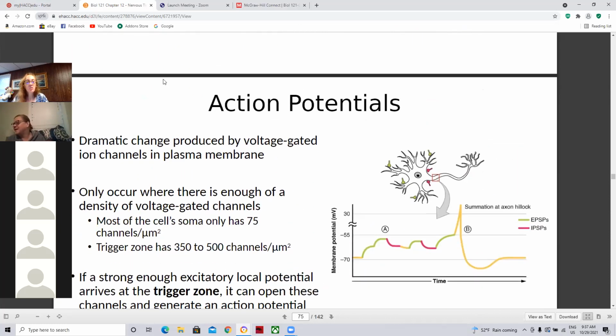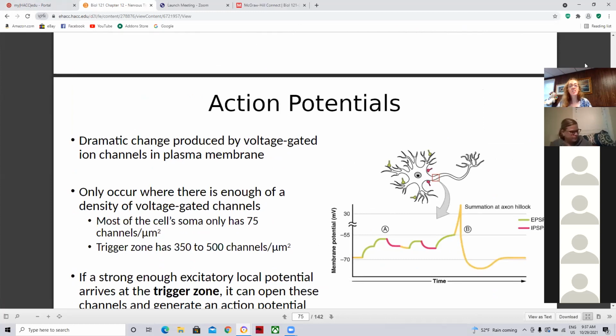So action potentials are dramatic changes produced by voltage gated ion channels. So they occur where there is enough of a density of voltage gated channels. This is key. Because most of the cell soma, remember that's the cell body, most of the cell soma only has about 75 channels per micrometer squared.